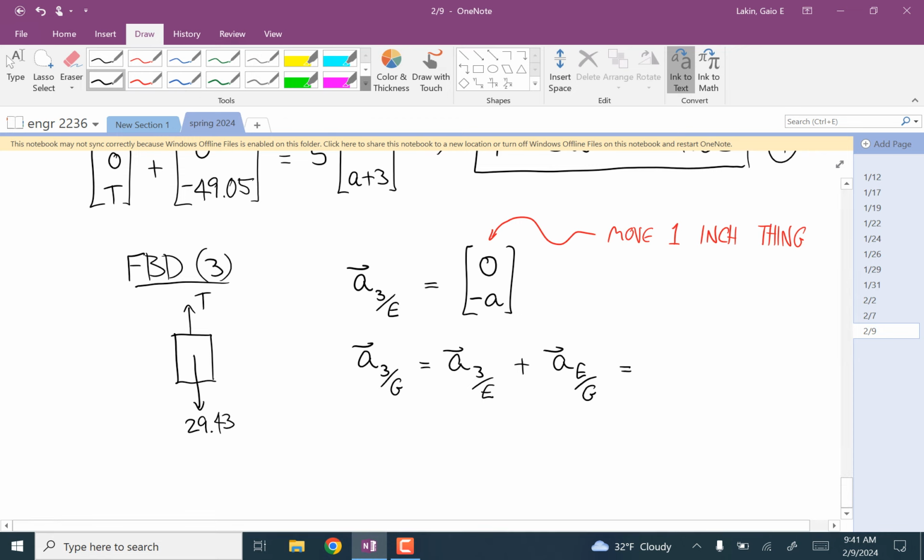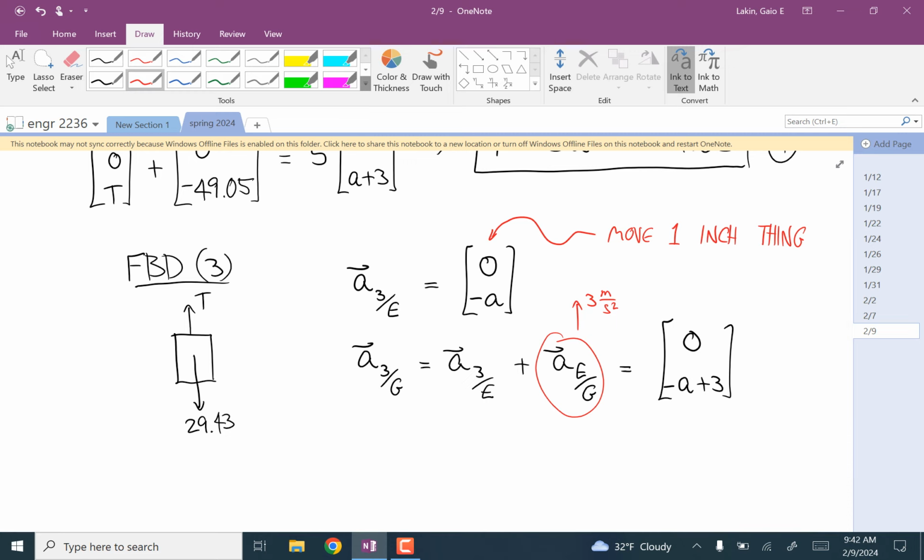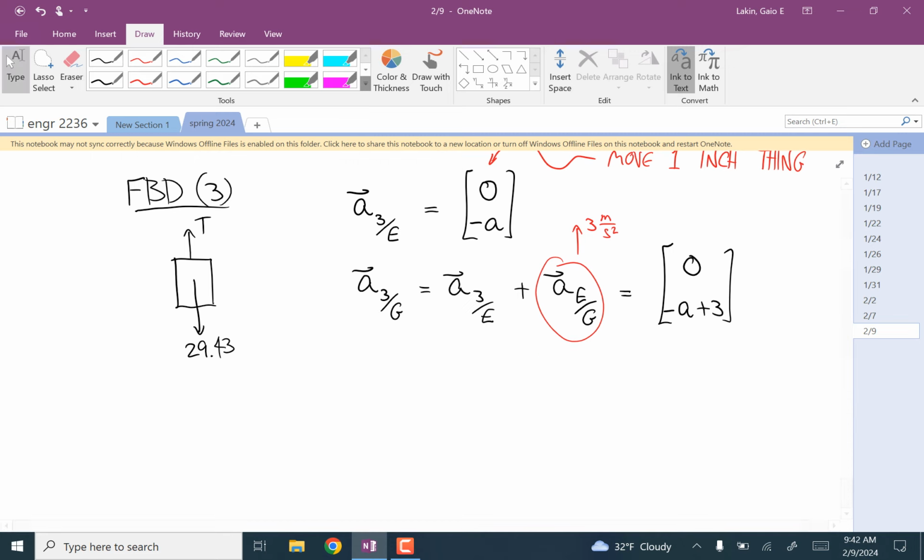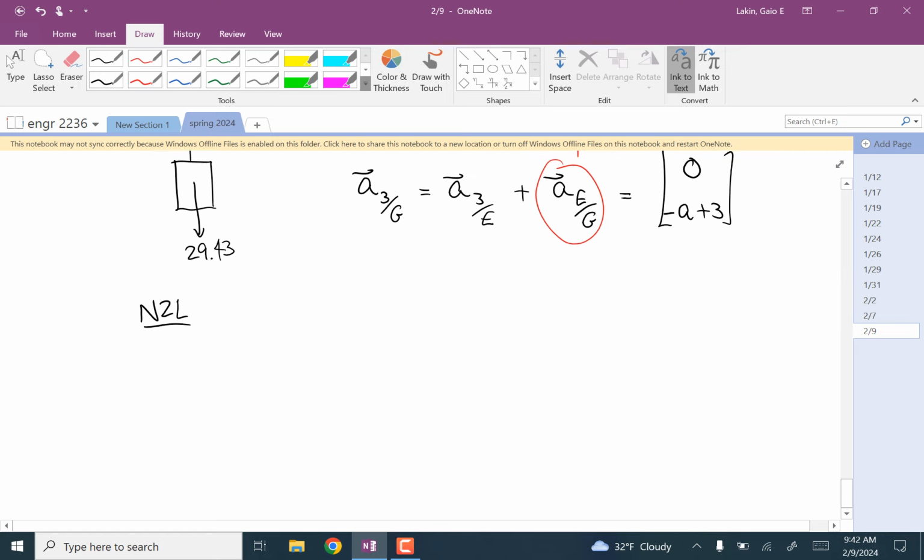And so we can write this as 0, negative a plus 3, because this is still just up at 3. Okay, are you with me? The acceleration relative to the ground is what we can use in Newton's second law. So now we can go to Newton's second law.